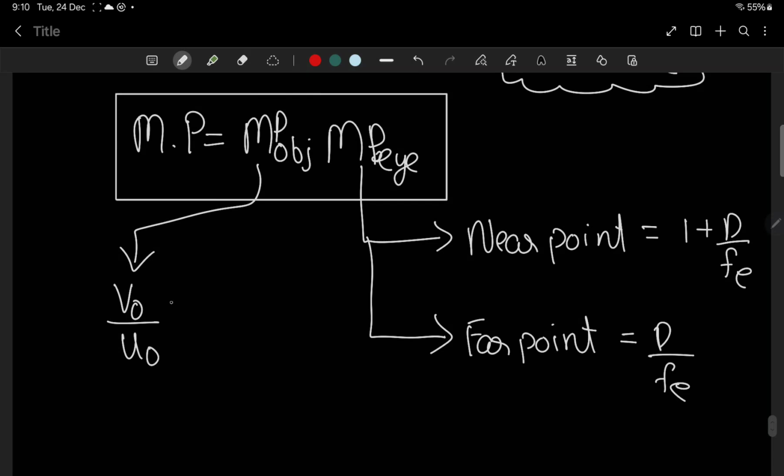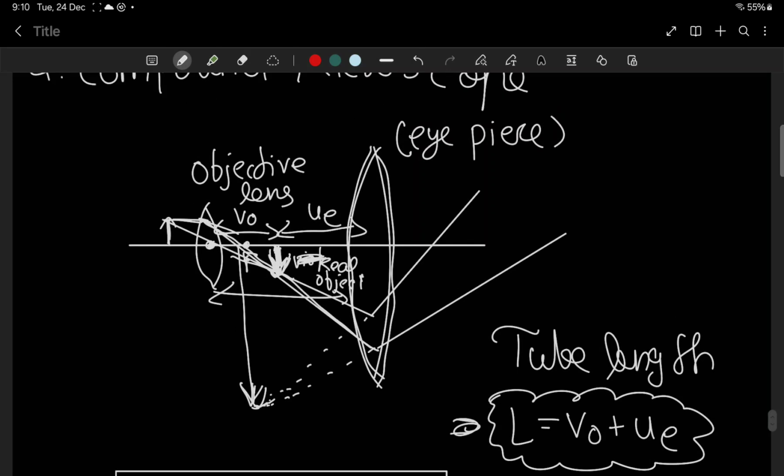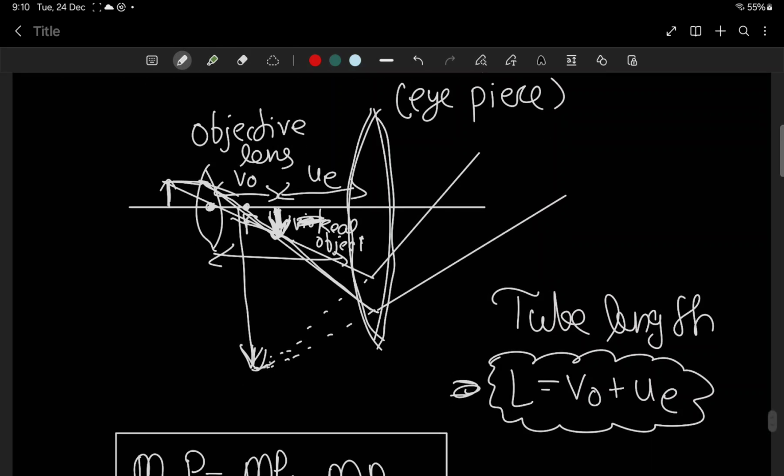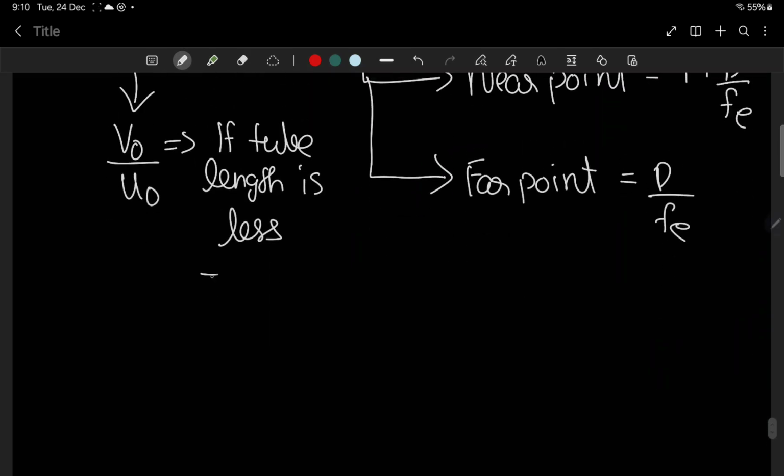But if the tube length is very less, or if the focal lengths of the two lenses are not comparable, that is one focal length is very small and the other is very big, then you can use one more formula.